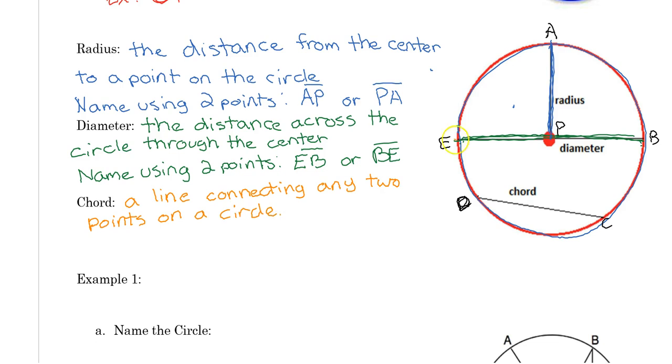So technically, the diameter is a chord. It's just a very specific chord. But if I don't go through the center, so like this line goes through my circle, it just doesn't go through the center, we call it a chord. And we also name it using 2 points.